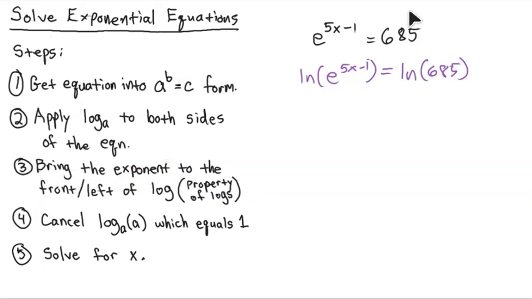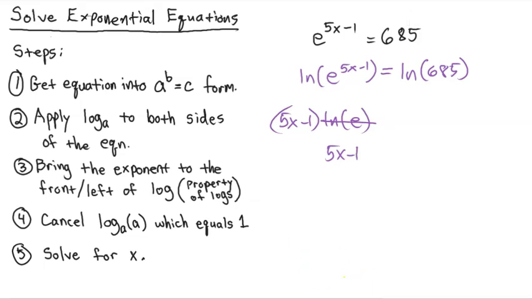So we can take this 5x minus 1 and we can move it to the front of the logarithm. Now, what we can do here is move the 5x minus 1 to the front, and then we'll do natural log of e, and then eventually we'll cancel e, and we'll have 5x minus 1.